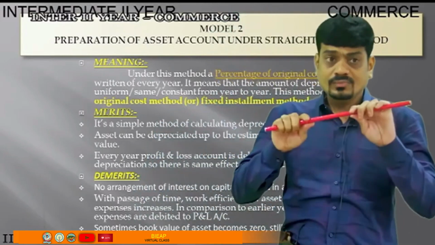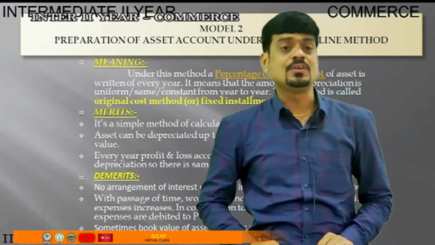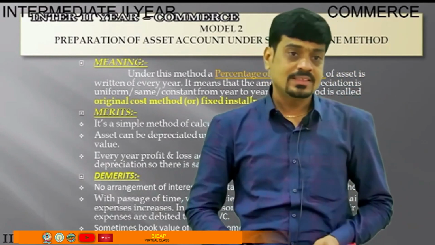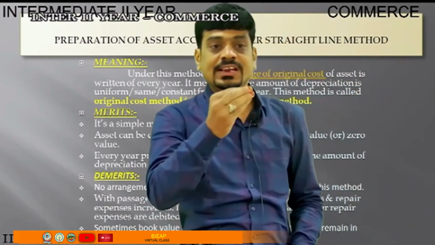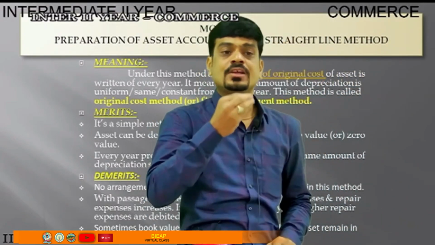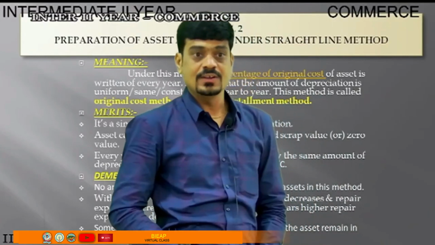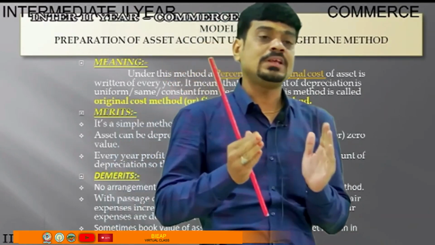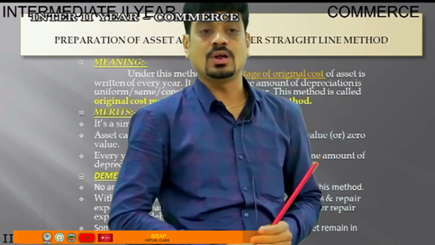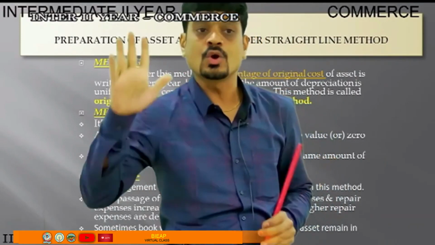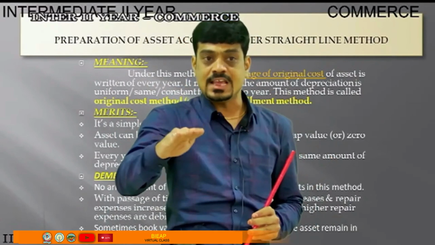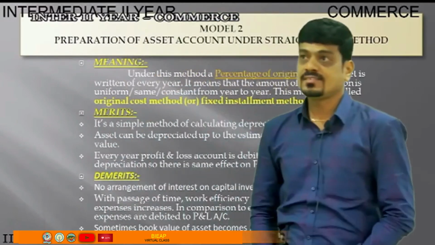Now, in simple language, straight line method is one of the methods of charging depreciation where the amount of depreciation which we are going to charge on the asset will remain constant, will remain the same throughout the life of the asset.